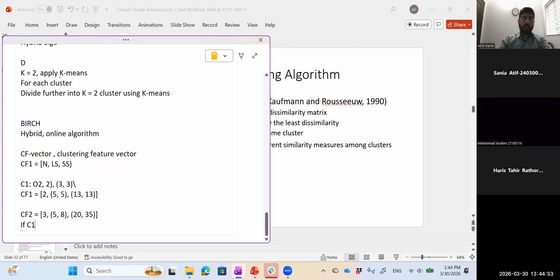So if C1 and C2 are merged, the merged CF is simply CF1 plus CF2. So this is a property, and you can verify this very easily. कि आपने जब ये दो क्लस्टर्स मर्ज कर दिए तो इनका नया CF जो होगा वो N को आप सम कर लेंगे, LS को भी सम कर लेंगे, SS को भी सम कर लेंगे. So this would be the new CF.